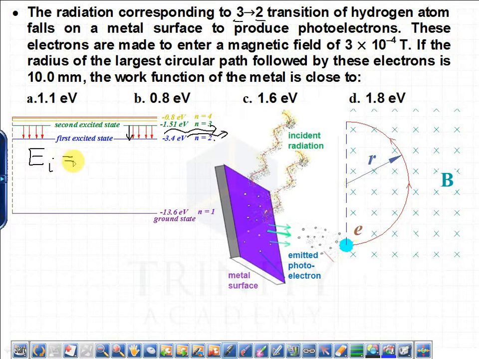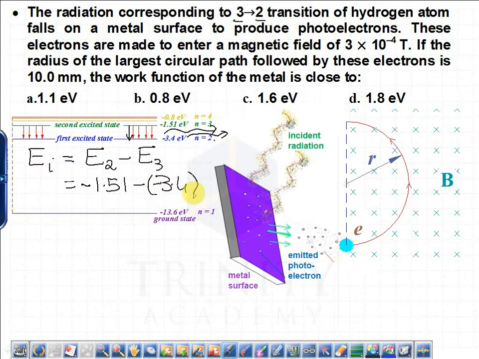transition is equal to final, that is E2 minus E3. So that is equal to minus 1.51 minus of minus 3.4 electron volt.